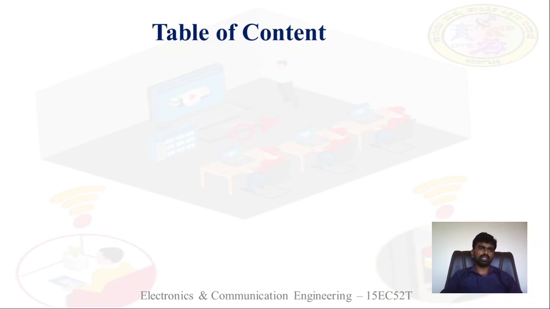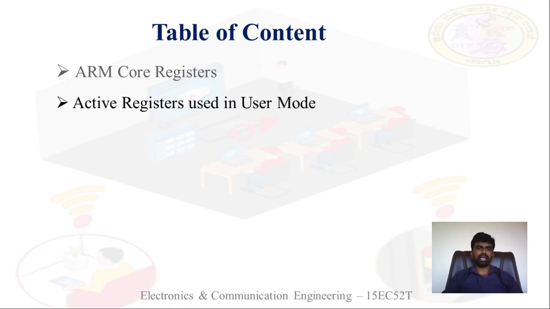In today's class, I am going to talk on ARM core registers. What are the registers and what are the different registers available in the ARM core? Then there are some active registers. We are going to talk on those active registers in the future slides.